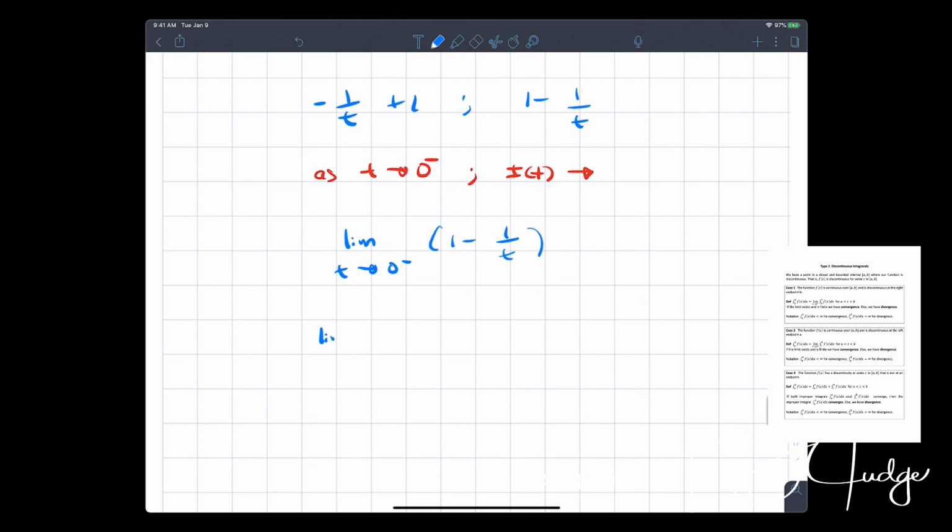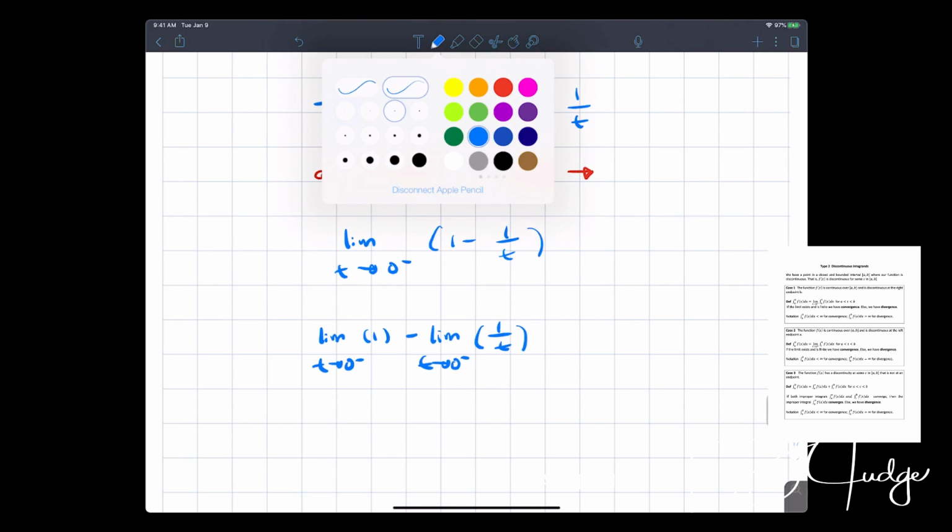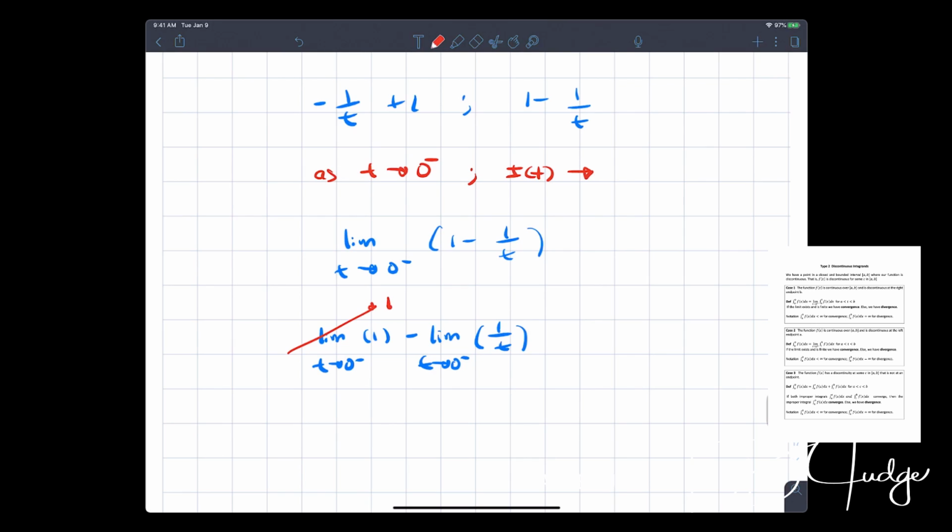Properties of limits: the limit of 1 minus the limit of 1 over t, as t goes to 0 from the left. Because we have a constant, here's my constant. The question is, where does that limit go to as t goes to 0 from the left?